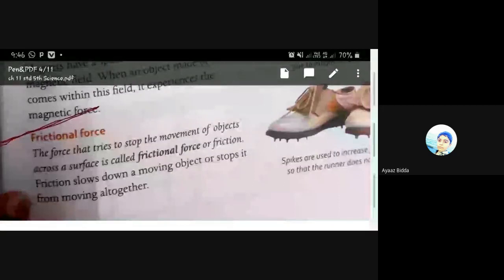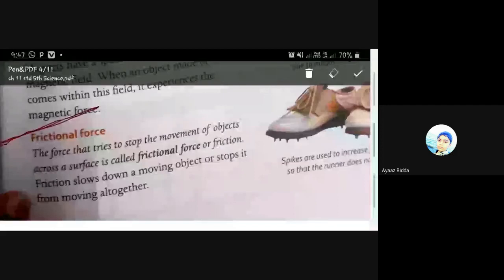Frictional force. The force that tries to stop the movement of an object across a surface is called frictional force or friction. Friction slows down a moving object or stops it from moving altogether.